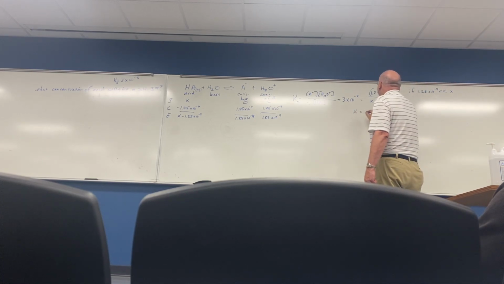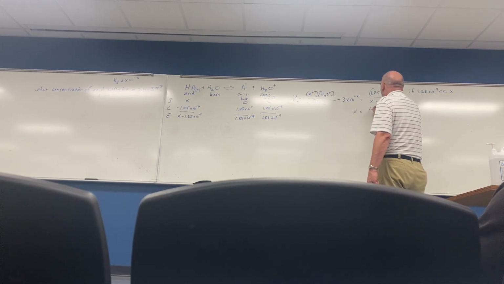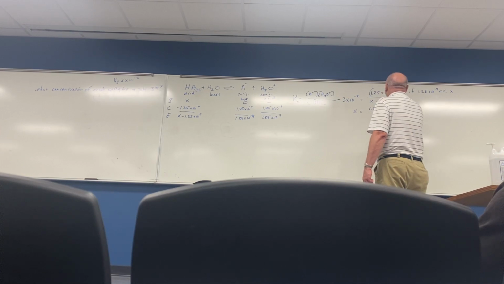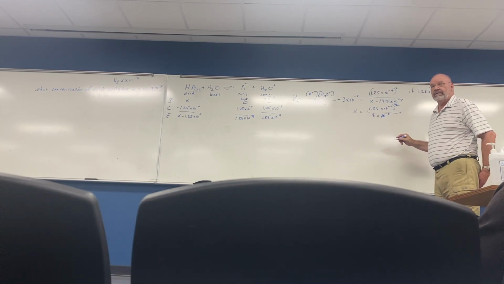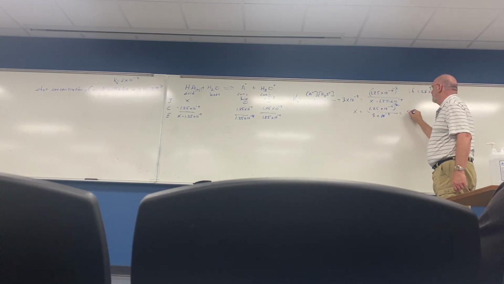Which means that x equals 1.25 times 10 to the minus 4th squared, over 3 times 10 to the minus 8. Which you told me is 0.5? Yeah. Give or take.